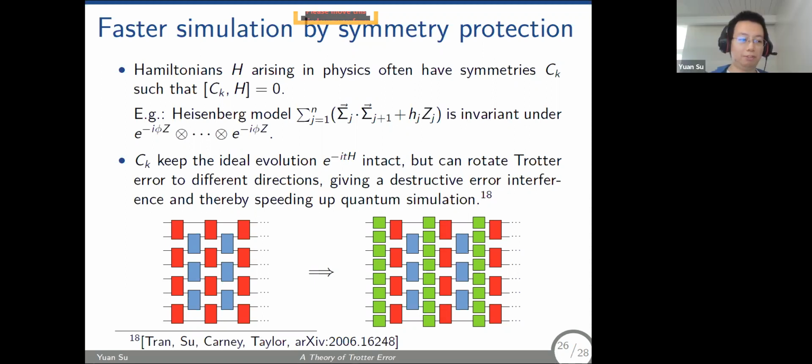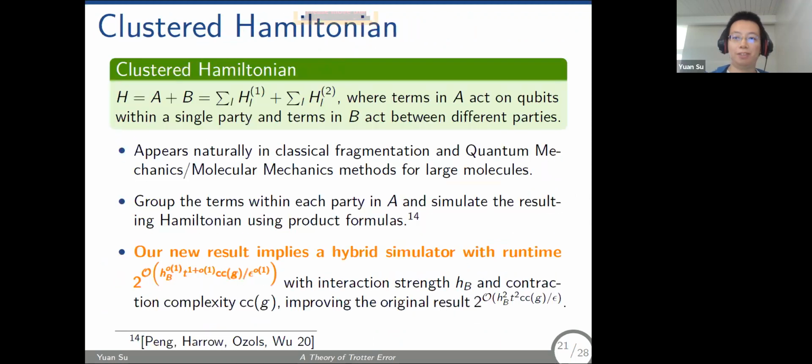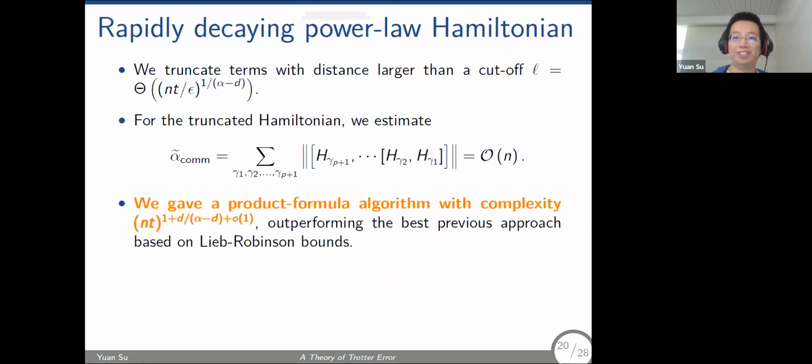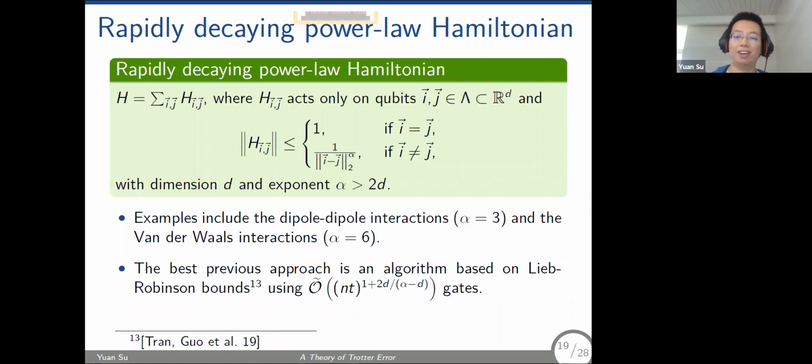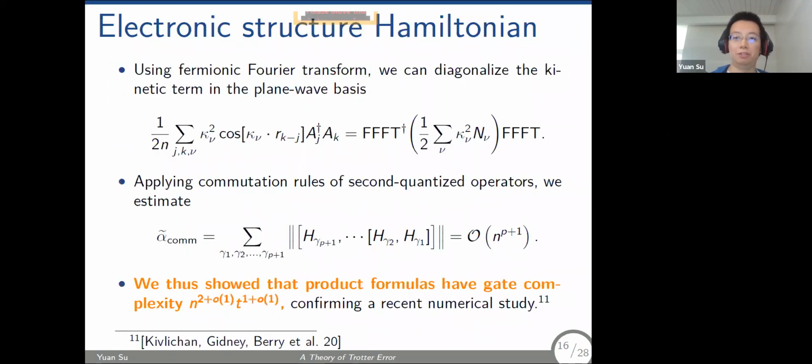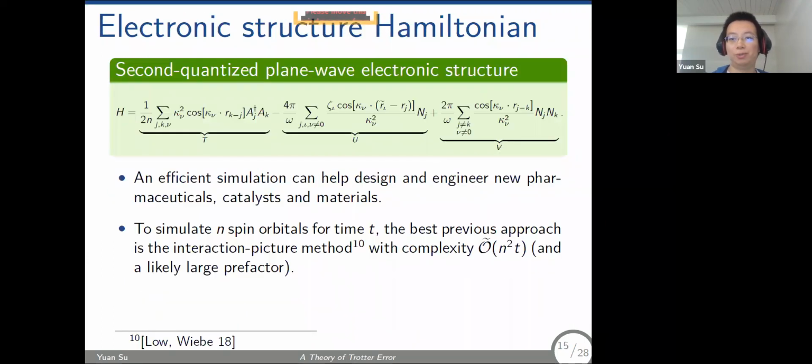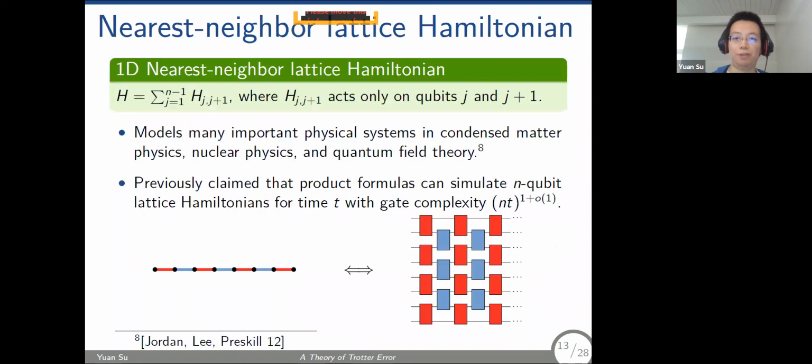Oh, that's a good question. So I guess right now we don't have a systematic way of searching for the optimal term ordering. Sometimes you can use some intuition to help you get a good ordering. For example, if you have a nearest neighbor system, maybe the best strategy would be to try to reduce the number of layers, like the depth of the quantum circuit.